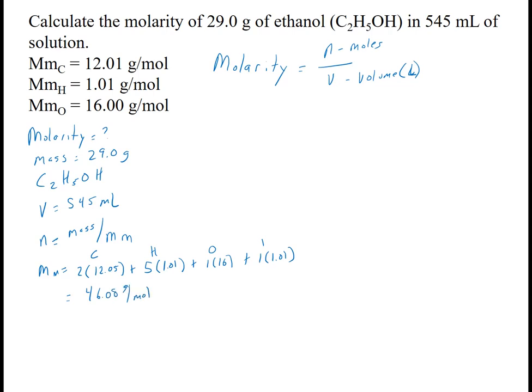Okay, and I want molar masses to 2 decimal places. Okay, so do not round this to 46. I want it to be 46.08. It's a huge amount of rounding error if I start rounding these.